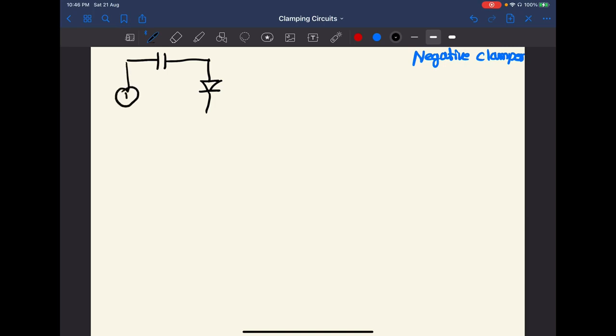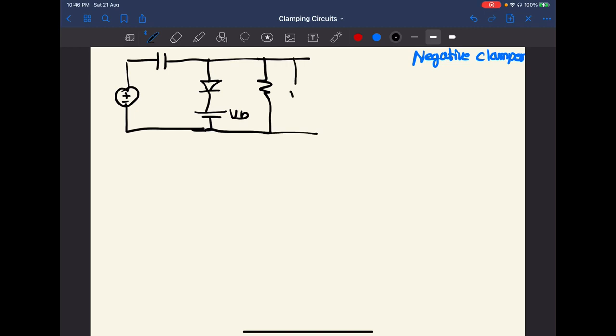This is our V in. So it is a positive bias. We are providing the VB battery in this manner, and this is our resistor. This is the V out. We are grounding this. Here the potential will be VB, and this is our capacitor.